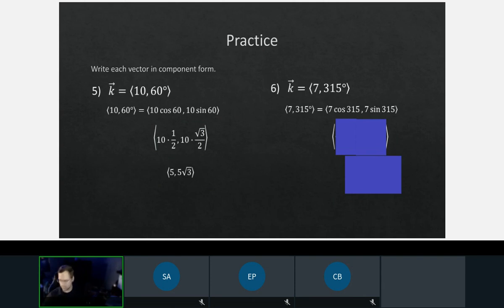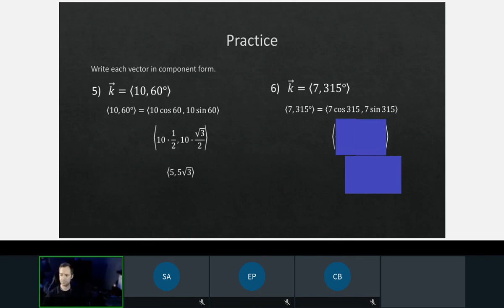All right, I think even 315 is on your unit circle too. Let's see. It is. So for number 6, you could also use your unit circle if you wanted to, but you don't have to.